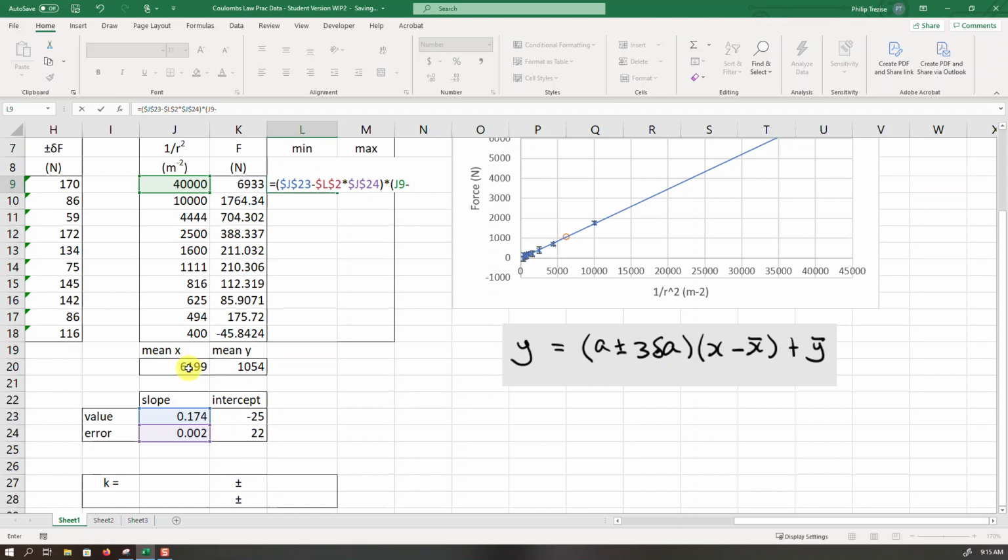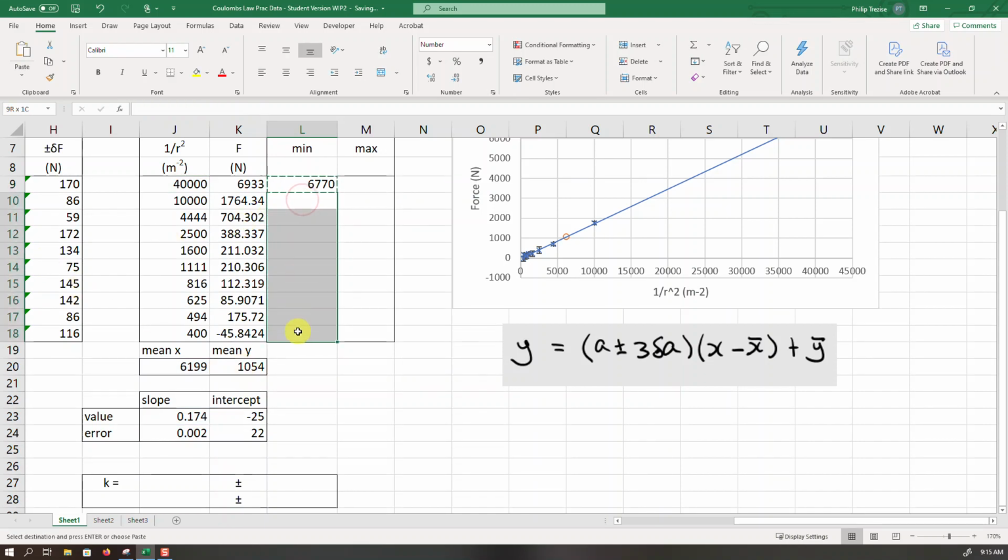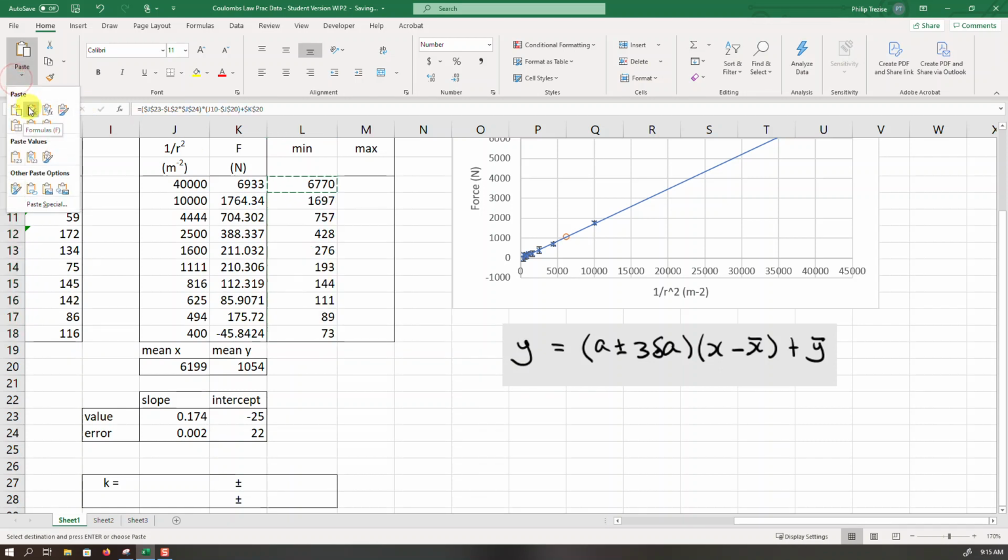Subtract the mean value of the x's, once again fix that value, and then add on the mean of the y's, again a fixed value. So pause for a moment while you make sure you've got that Excel formula matching the formula that's there in handwriting. Now we will copy that one down the rest of the column. Again, paste the formula to make it go nicely.